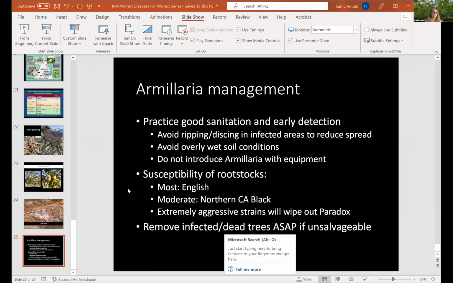I sent something out to our email list today, but Sac Valley Orchards has a really nice article on what to do about frost issues. It's more associated to almonds, and I think the information is also valid for cherries and apricots, et cetera.